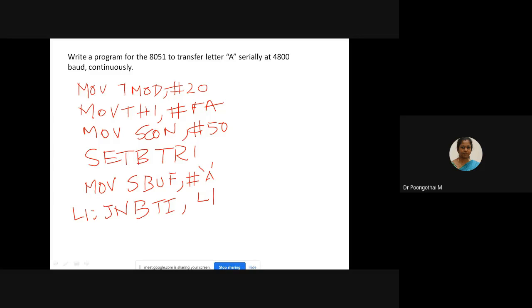In that case your SBUF is empty, and this indicates that your 8051 is ready to transfer another data byte. So for that you make TI 0. So clear TI and repeat the process.